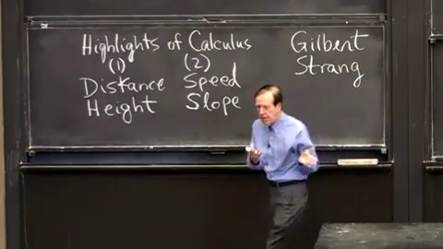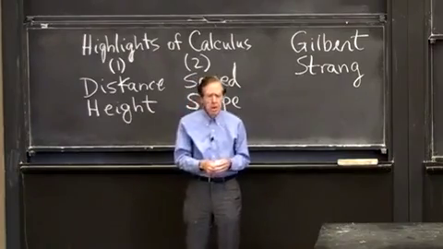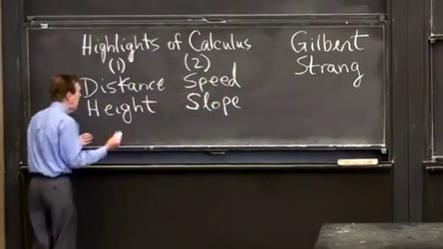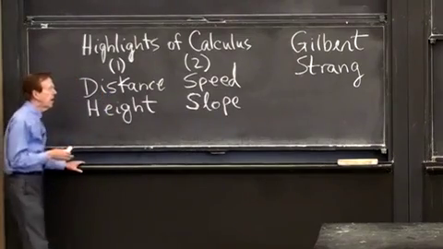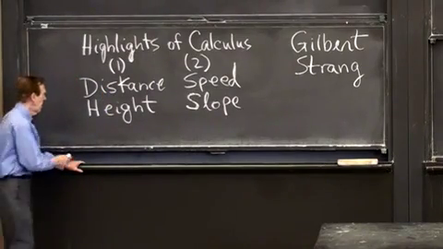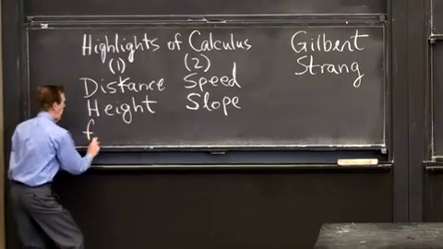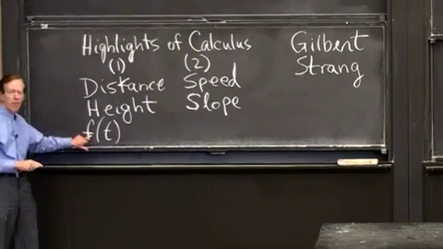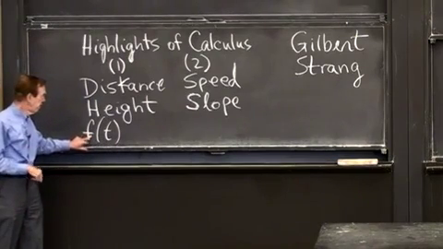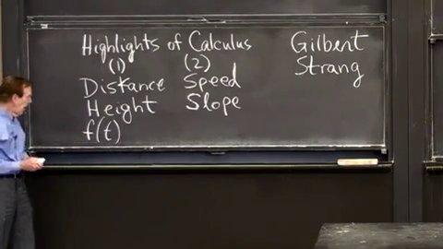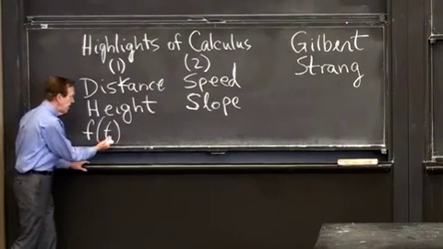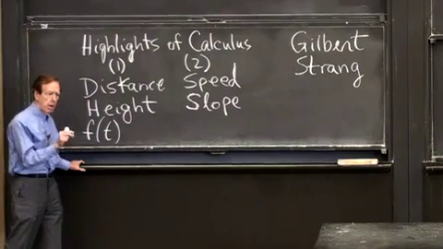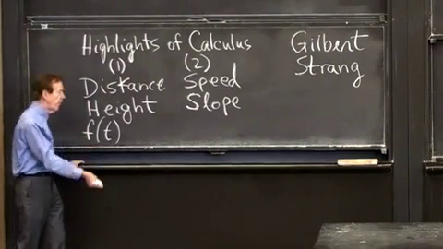Let me give you some algebra letters that you might use. Distance, maybe I would call that F of t. F for how far, or for function, and the idea is that t is the input. It's the time when you're asking for the distance.